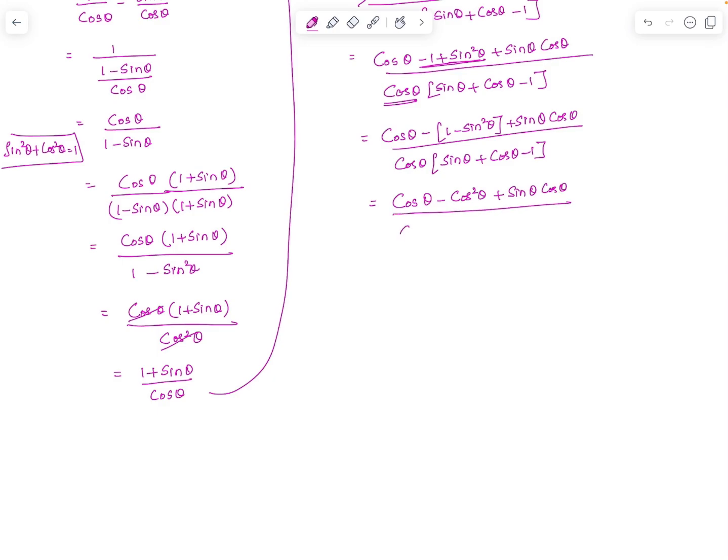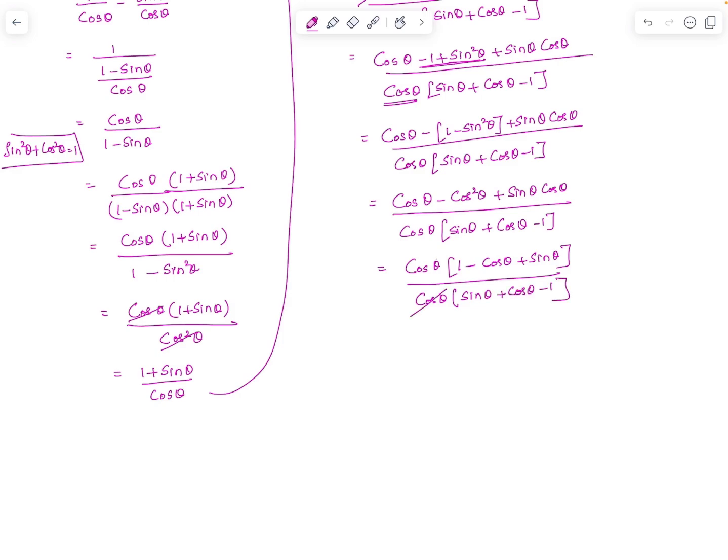The denominator stays the same. In the numerator, 1 cos theta can be taken out because it is present in all the terms, leaving behind 1 minus cos theta plus sin theta. In the denominator, we have cos theta into (sin theta plus cos theta minus 1).